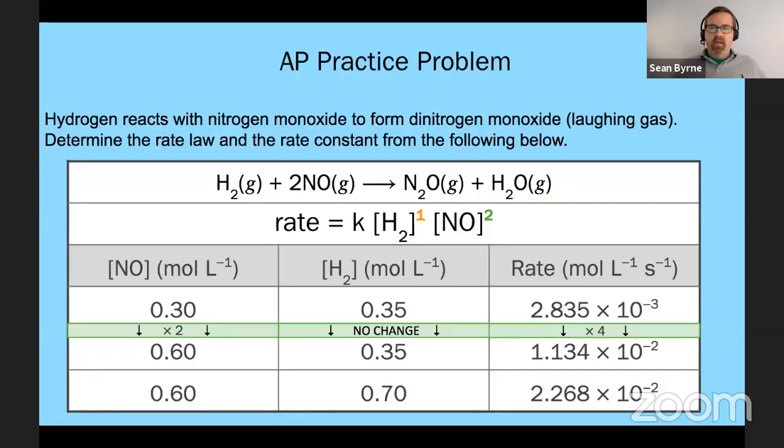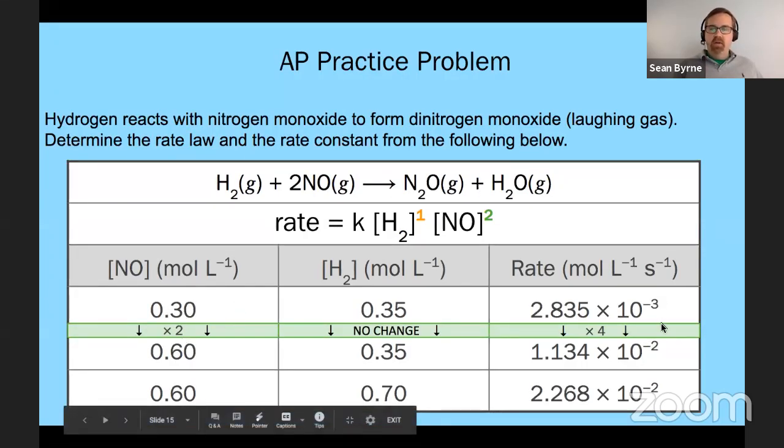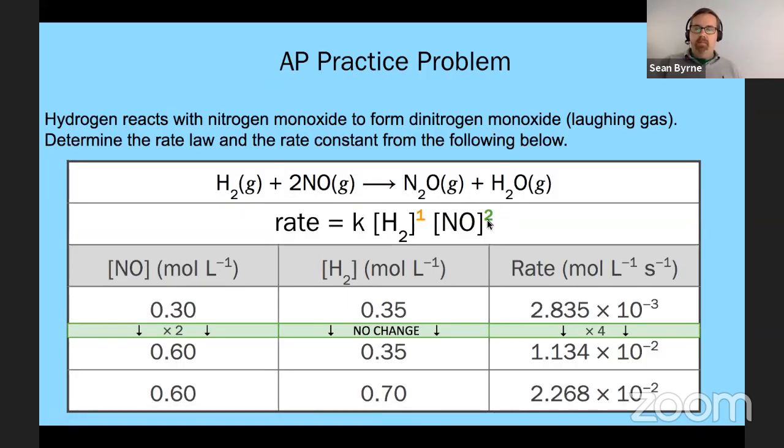It's a little bit more of a complicated process. In this case, you may just want to say, oh, this goes up by a factor of 2, 4 is 2 squared, and so that tells us that the exponent on here, or the order with respect to nitrogen monoxide, is a 2.